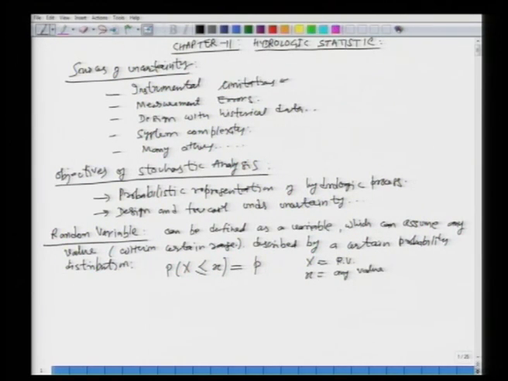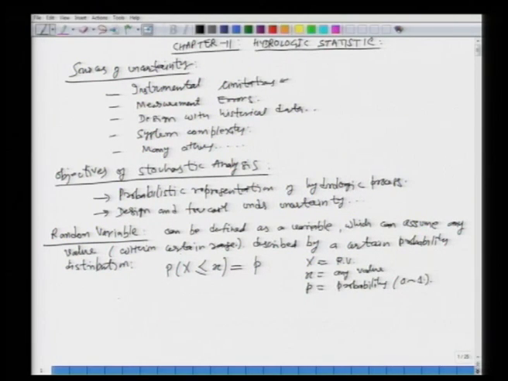For example, if capital X is your annual rainfall and small x can be, let us say, 100 centimeters, then p is the probability, which will be described by a certain distribution, and this is between 0 and 1.